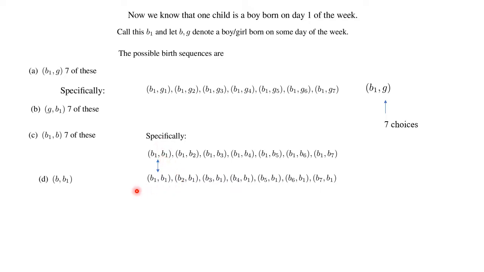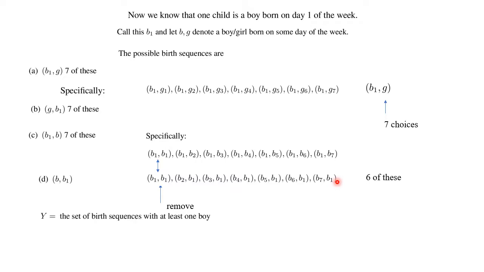Whereas this one says the boy being referred to as the boy born on a Sunday was the second-born, and the firstborn is also a boy and also born on a Sunday. And this birth sequence is represented twice in this whole sequence of 14. So we need to remove this one. It's already been accounted for here. So in fact, there are 7 of these, but only 6 of these that we count.